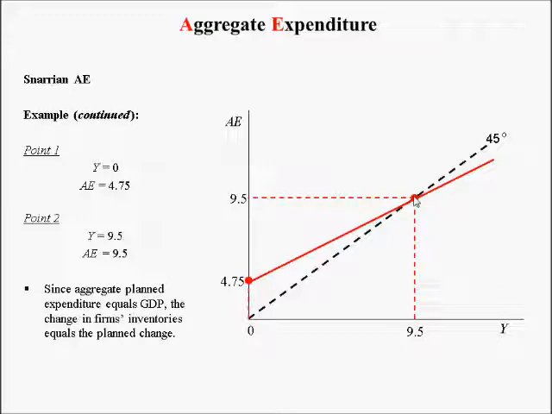Okay? Now since aggregate planned expenditure equals GDP at this point, the change in firms' inventories equals the planned change. Okay? So what does that mean?